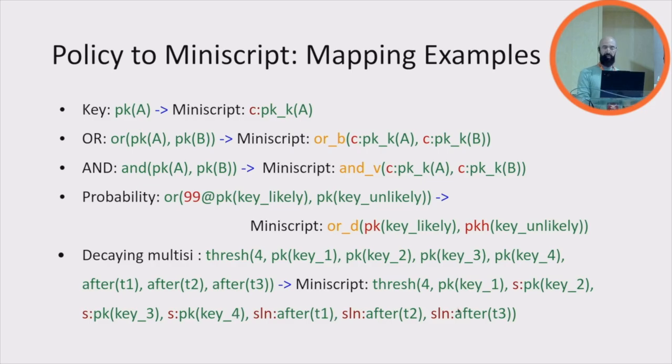So it will be a bit more complex to understand, but then again, sometimes you can uplift the Miniscript expression back to the policy by just removing the wrappers. In this case it will work, but it's not guaranteed that it will always be like that.